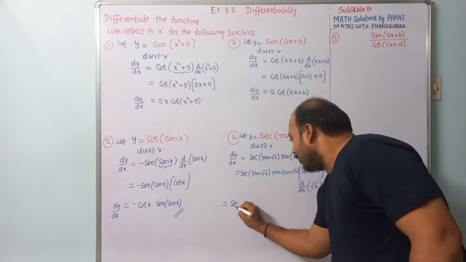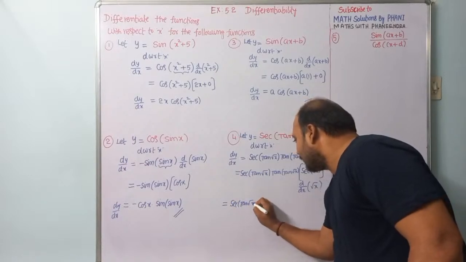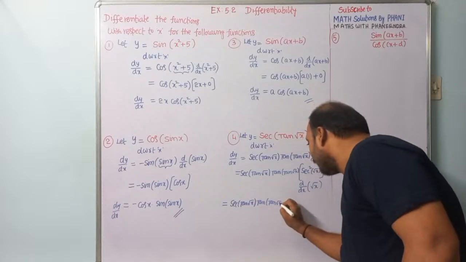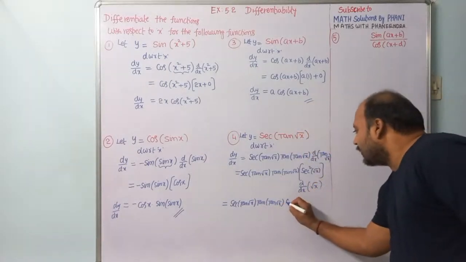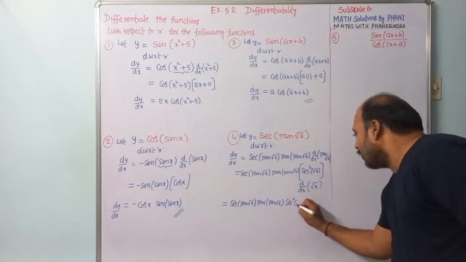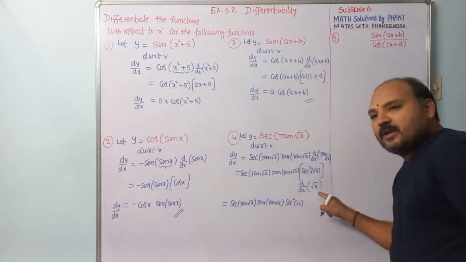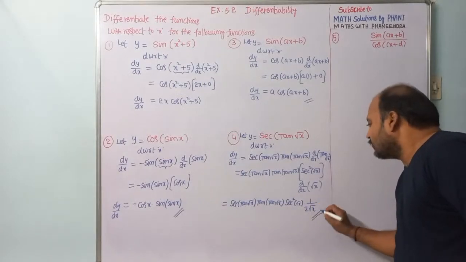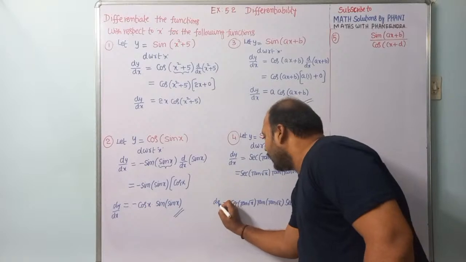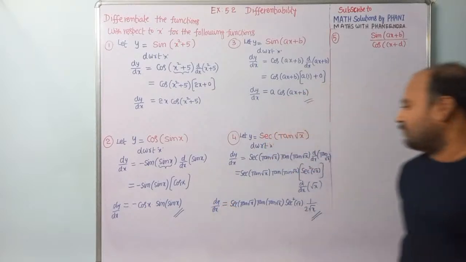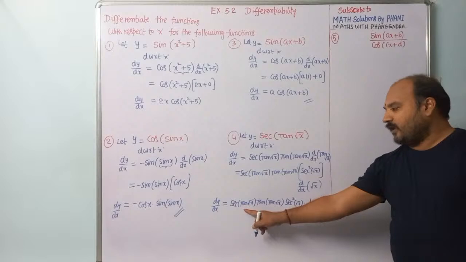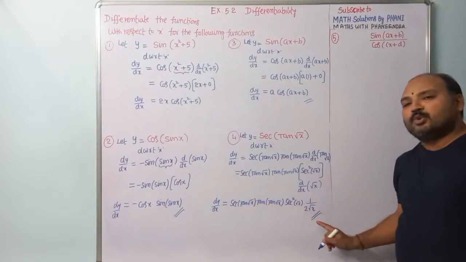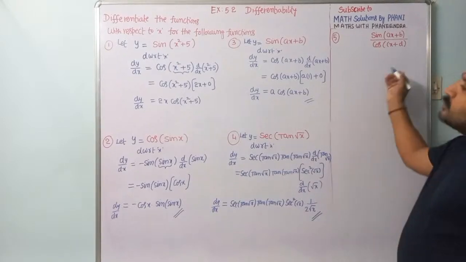So secant of tan root x into tan of tan root x, into secant square of root x, into d by dx of root x, which is 1 by 2 root x. So this is dy by dx.